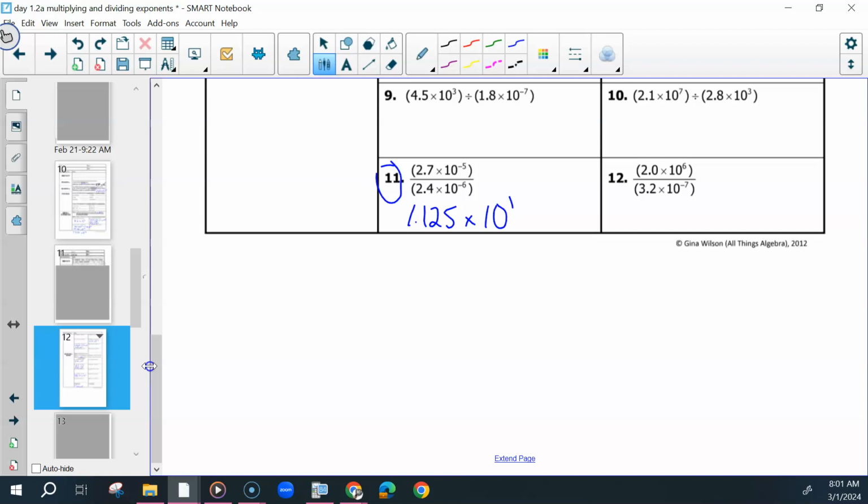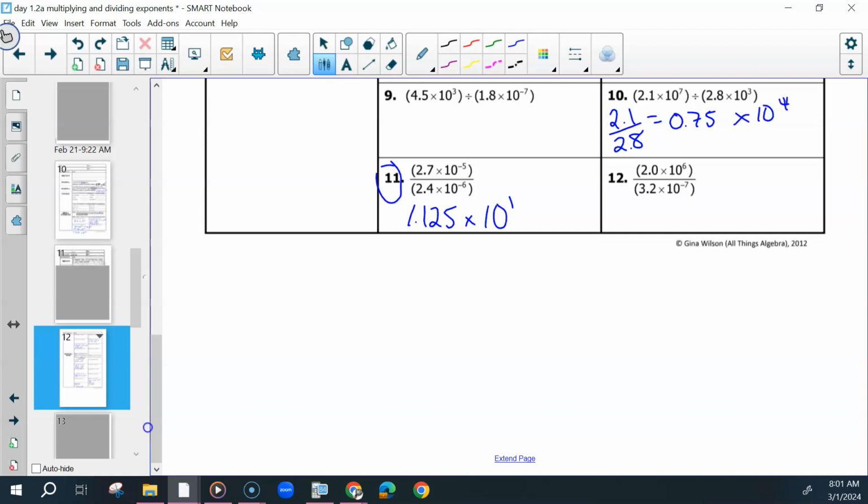I'm going to go back and do 10, and then any others we want to see do go over, and then you guys will have to practice, because we're not doing anything else today. Alright, for number 10, one where you might have to change it, divide 2.1 and 2.8. And then 7 minus 3 would give us to the 4th.